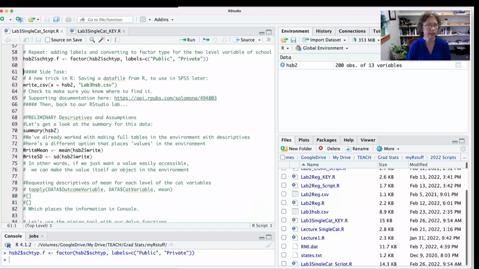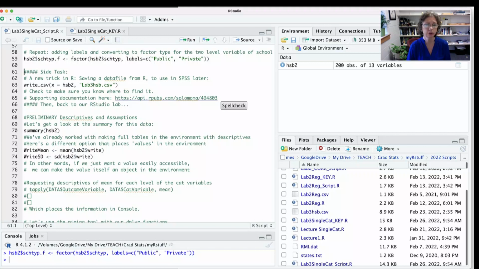And I have a little side task for us to do. It's a new trick in R. We're saving a data file from R to use in SPSS later. So what this says is write to CSV. The target is the data set, HSB2, and the new name of the CSV is going to be lab3 hsb.csv.